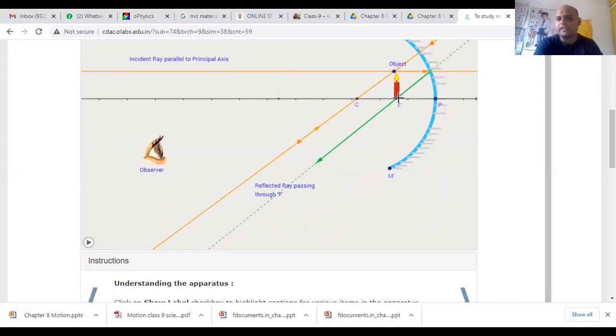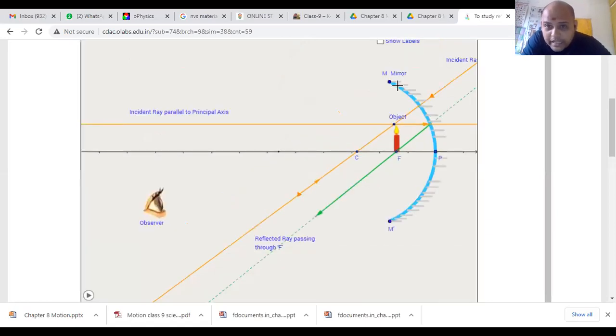When it is exactly at F, the image will be at infinity, because these two reflected rays have become almost parallel, and when they are almost parallel, they will keep going on and on. The distance is very far. That's when you will find the image. It will be highly enlarged, real, and inverted.